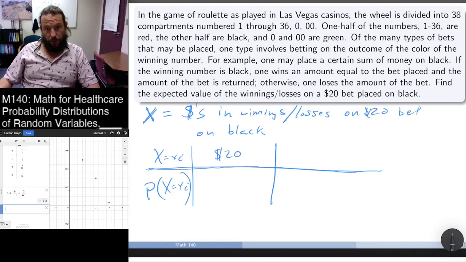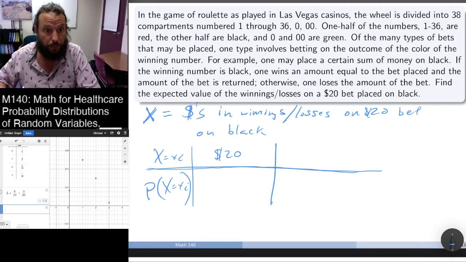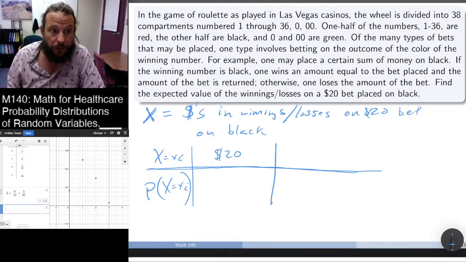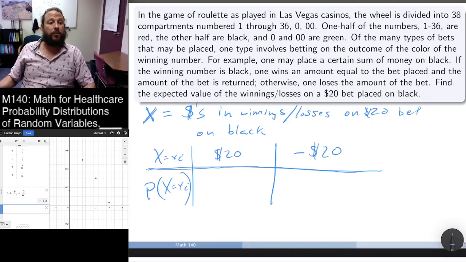We get the $20 bet placed on black back, and then we get an extra $20 for the payoff. So in our wallet, we have $20 more than we started with, right? Now, what about if it doesn't come up black? Then we have minus $20, $20 less than we had before, right?